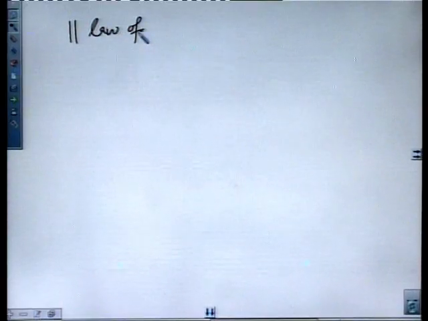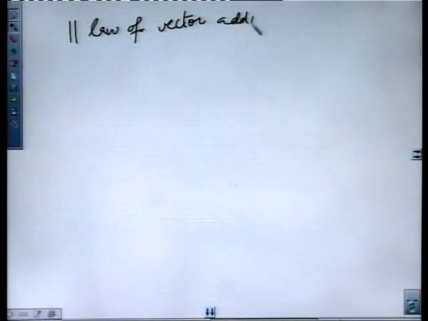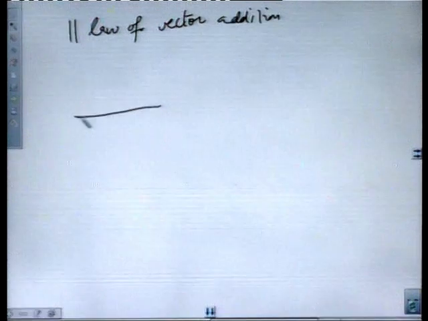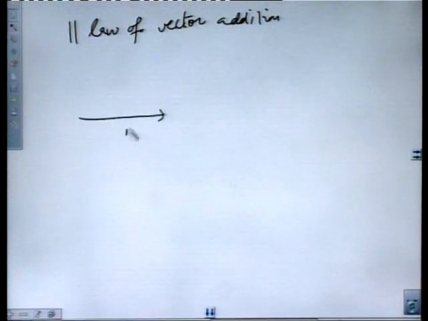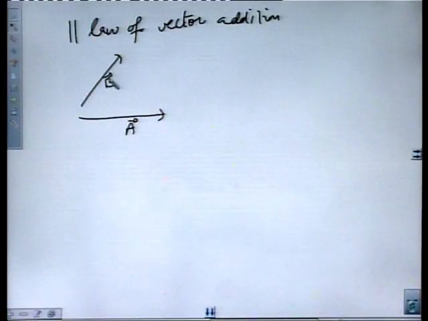Now I will explain the parallelogram law of vector addition. We take the same vectors A and B. We have to add these vectors by the parallelogram law.